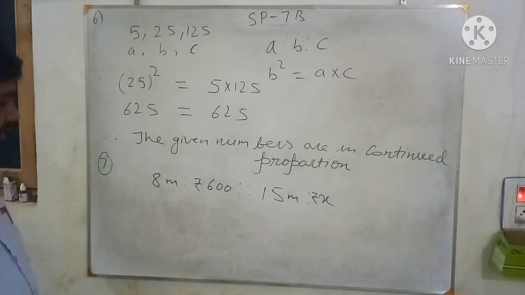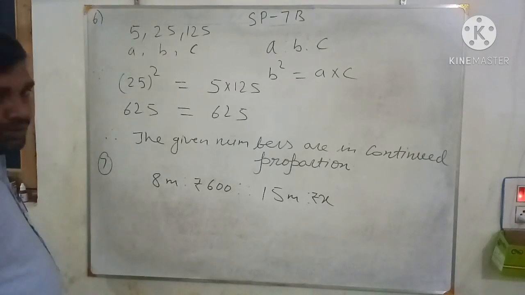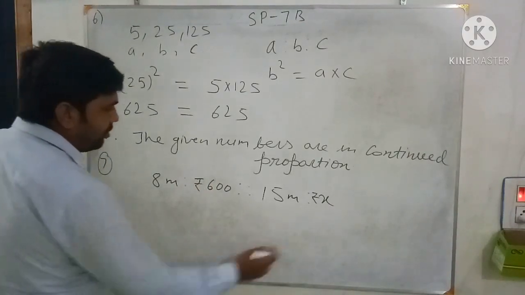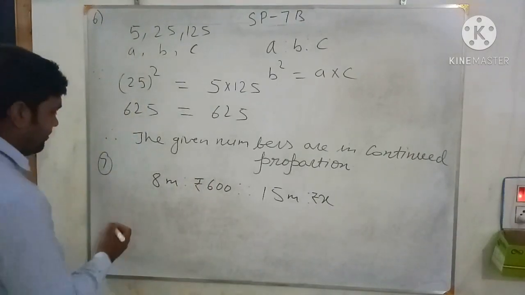So now how do we find it? Using the law of proportion, the product of extreme terms equals the product of mean terms.